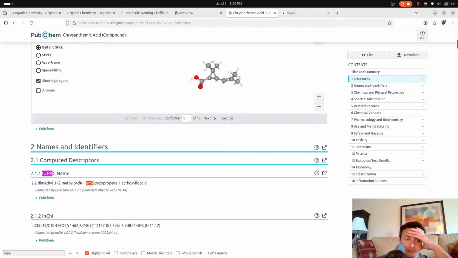So 2-methyl, but why is it prop? Why isn't it propyl? That's kind of interesting. I guess you only have one yl in the whole thing. So it's 2,2-dimethyl, 3, and then because of, but wait, where's the 1? Here's the 1. But I wonder why 1 goes at the end. Yeah, why does the 1 go at the end?